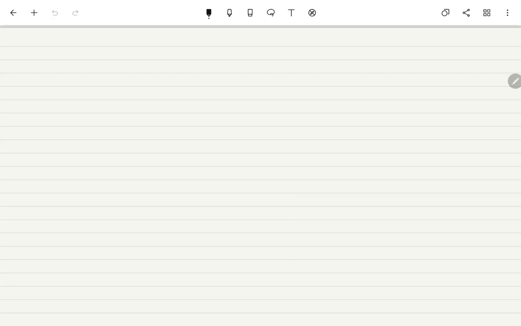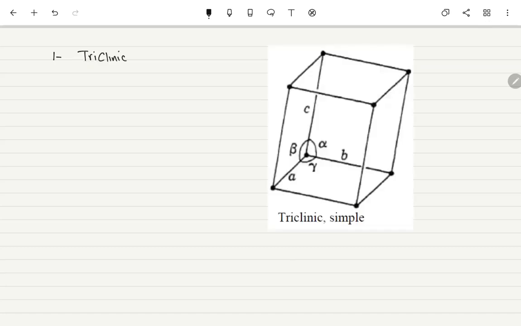The first one is triclinic. In triclinic, there is only one type of lattice, a simple one.